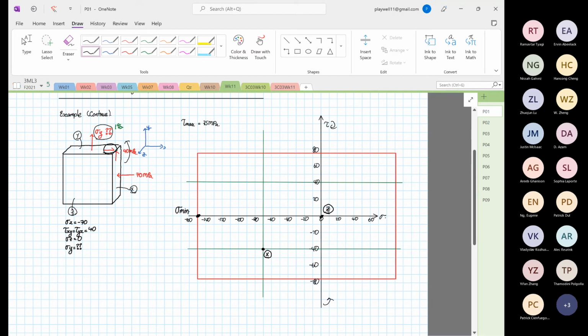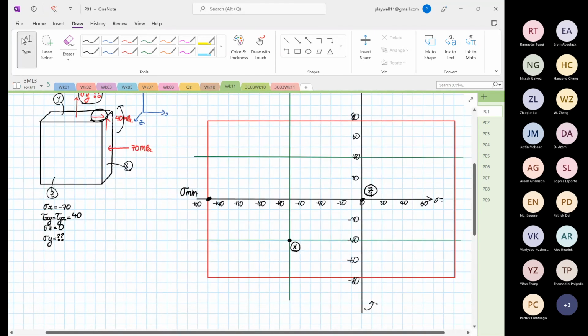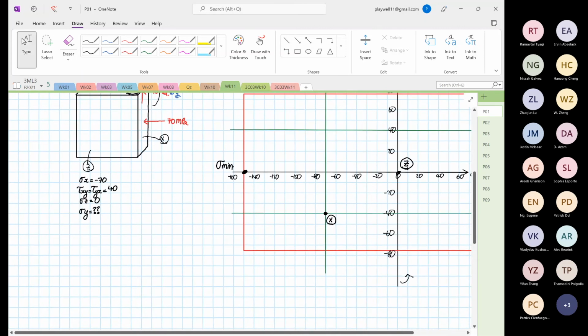Okay. So what do I mean by that? Okay, so now we are constructing the circle for the XY plane.